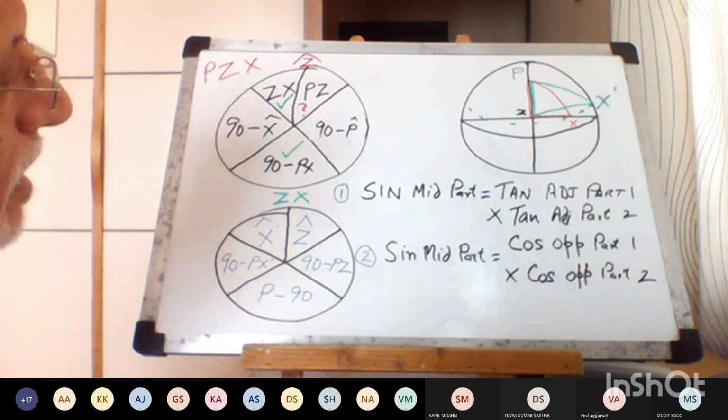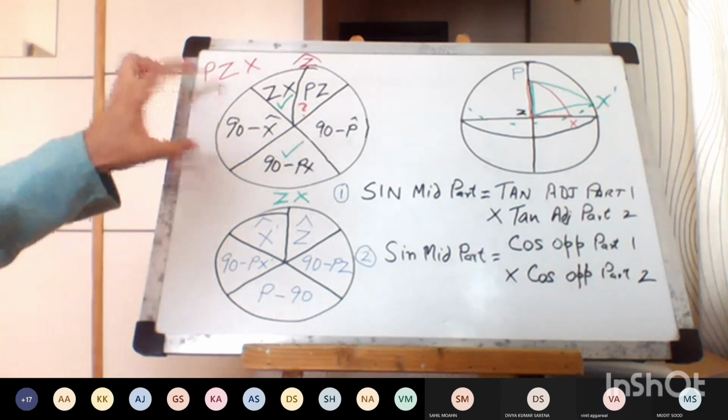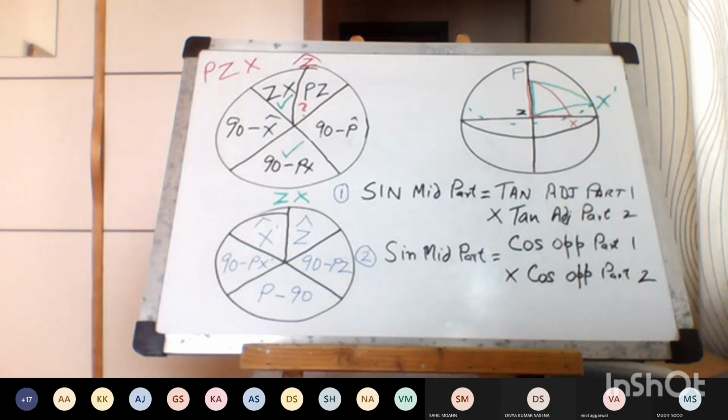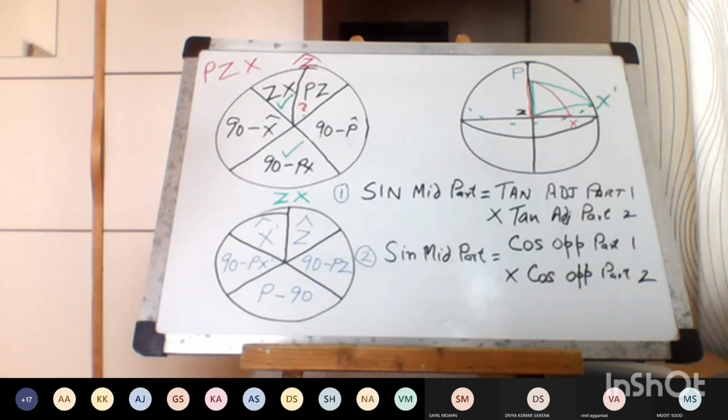So anyone has any question on this one, gentlemen? The above diagram and how I have applied formula number 2. Okay, so now let us say in the lower diagram, we have Zx as 90, the green one.